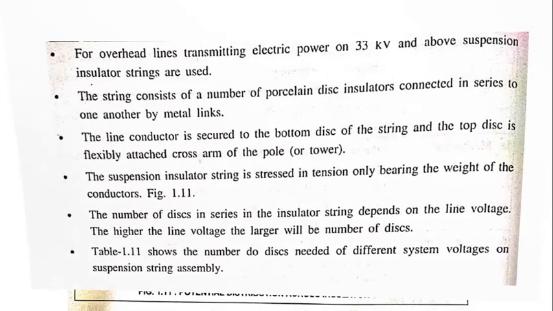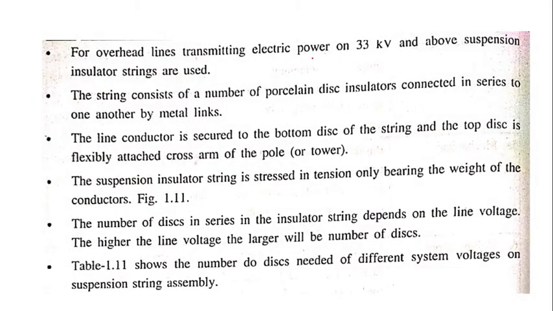Now, for overhead line transmission of electric power at 33 kV and above, suspension insulators are used, that we already know. The string consists of a number of porcelain disc insulators connected in series to one another by metal links.